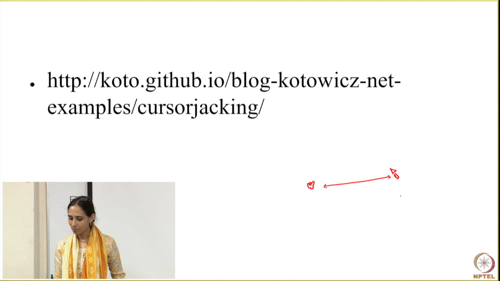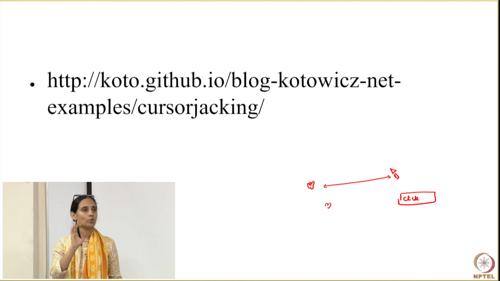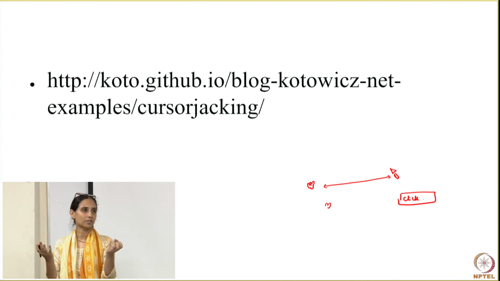So, they will say okay, click here for your prize, but when you click on it, somewhere else is where you are clicking. So, it gives you a wrong impression. Through JavaScript, they are displaying an artificial cursor while they are controlling the main cursor. If you look at this website, it will become clear as to what is happening there. So, that is an example of cursor jacking.